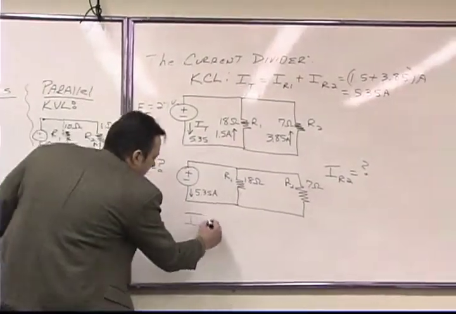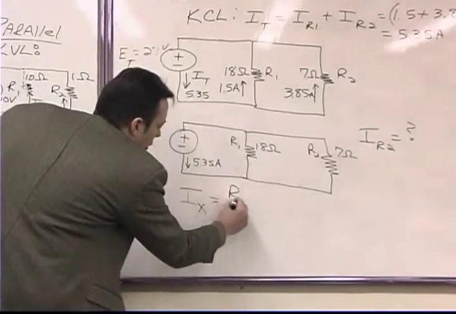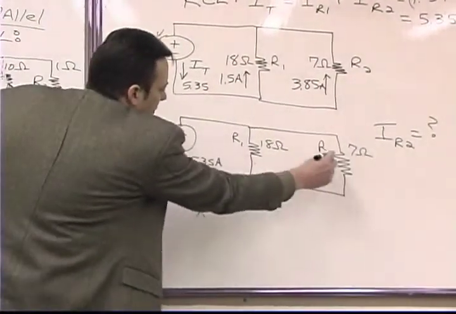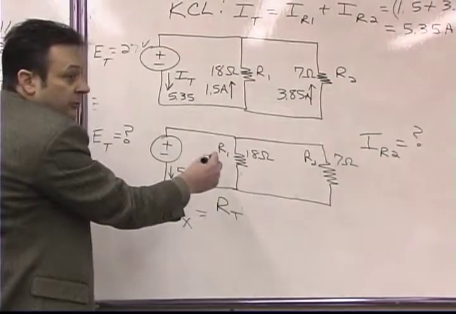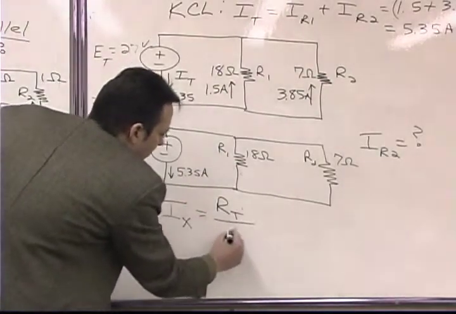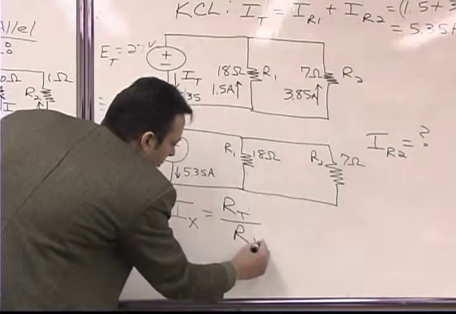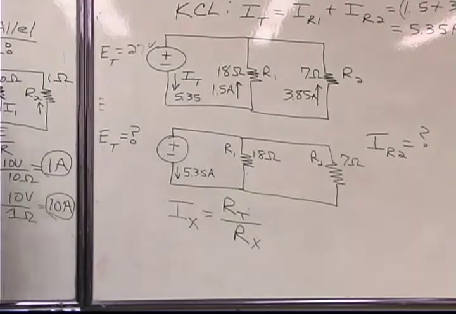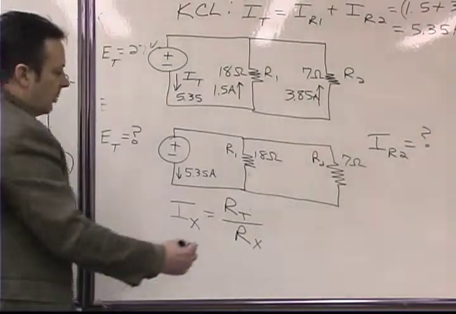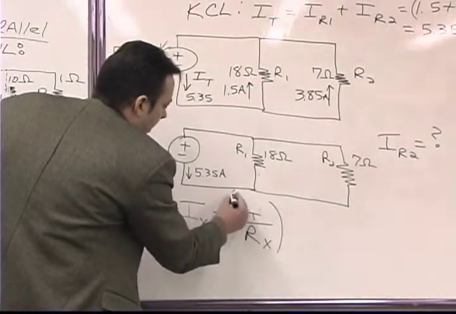That's equal to the total parallel resistance of those 2 resistors divided by the resistor in the branch you care about. So R total over R sub X, multiplied by what?